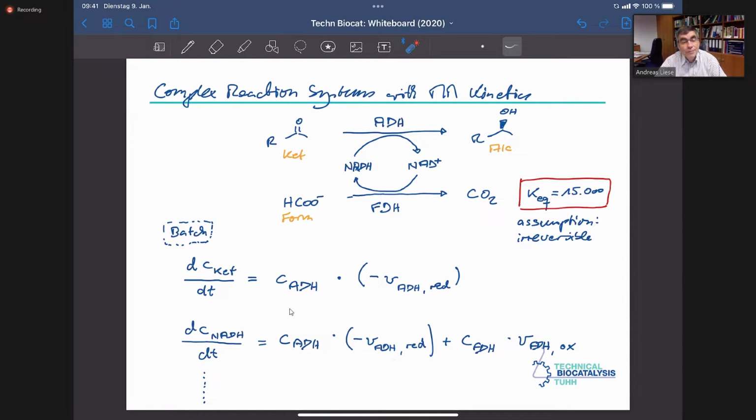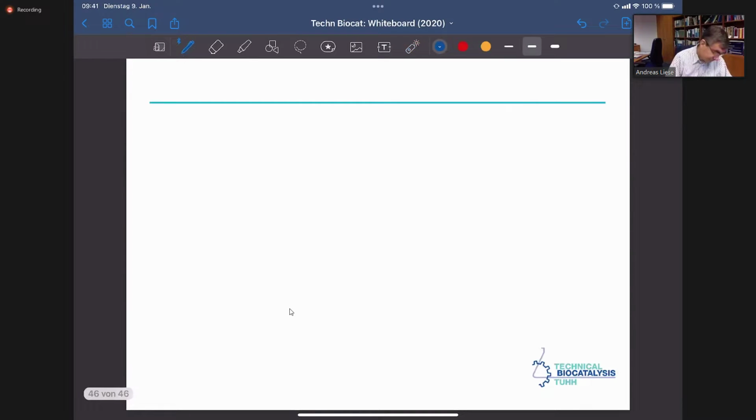But now if we would describe the same system either in a substrate coupled approach or in an approach like with the glucose oxidase, for example, so different enzyme that is doing the recirculation, the story will look different, because we would have an equilibrium we need to consider, and the last point for this complex reaction system we're discussing.